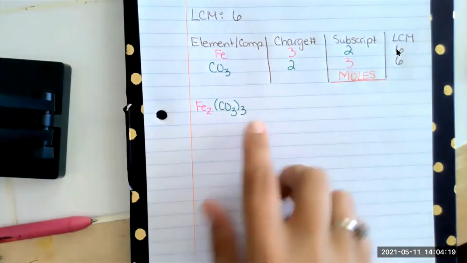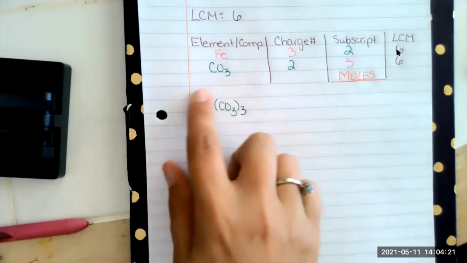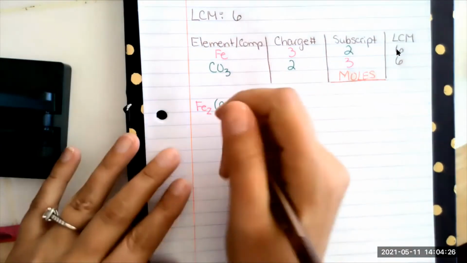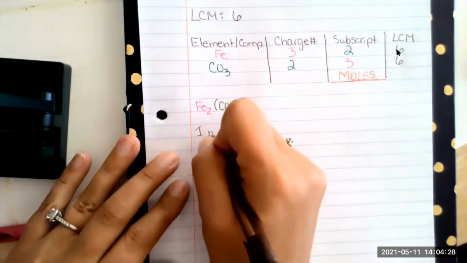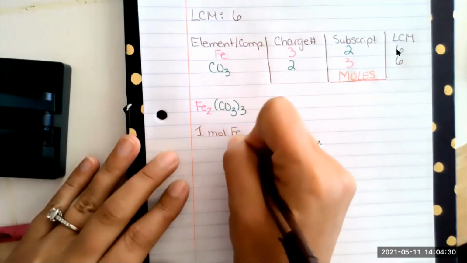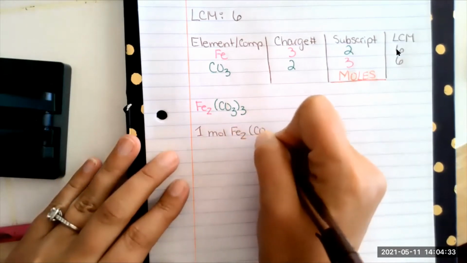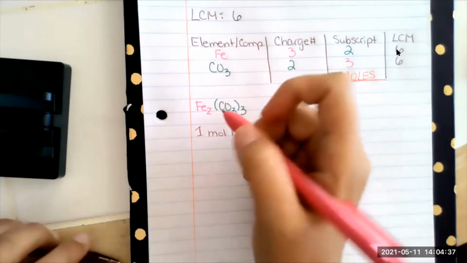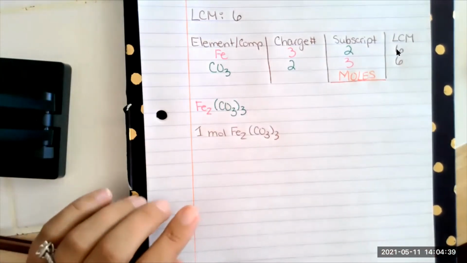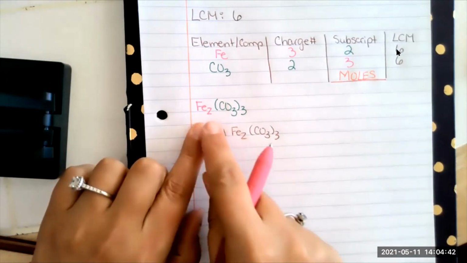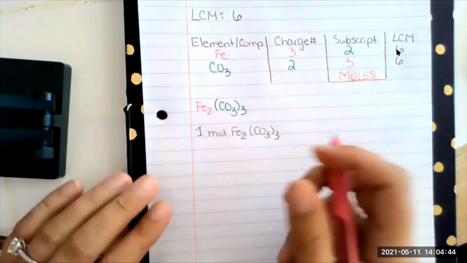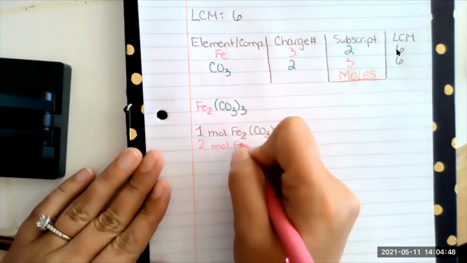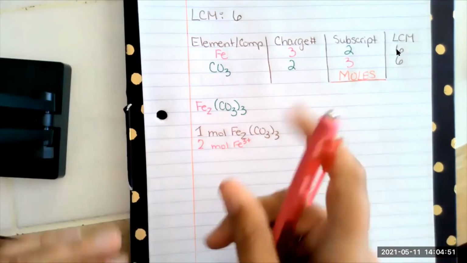So I'm going to walk you through the answers. So the first thing is a compound, there's no coefficient, so you have 1 mole Fe2(CO3)3. Then we have a 2 down here attached to the iron from our subscript, which tells me I have 2 mole Fe3 plus.